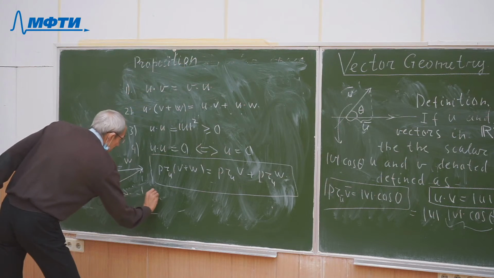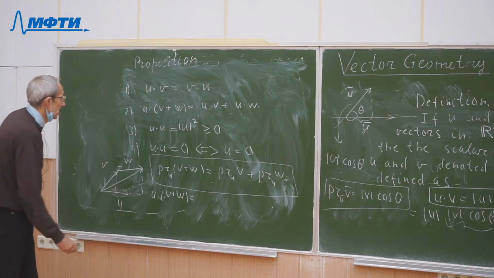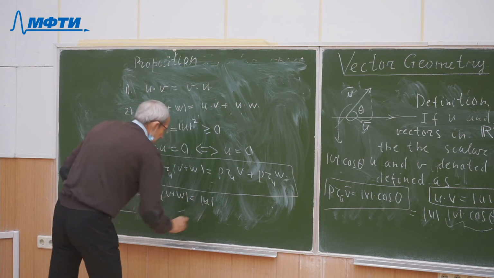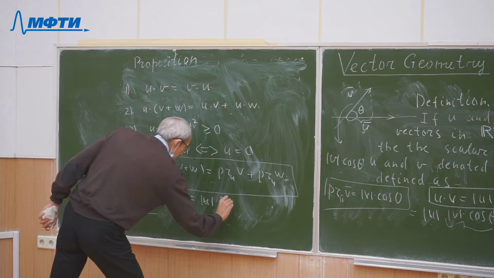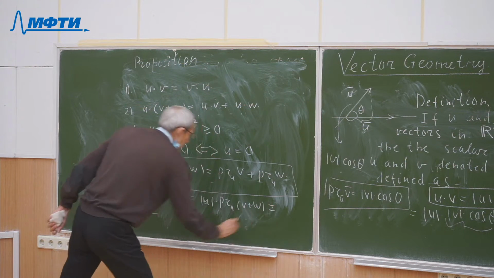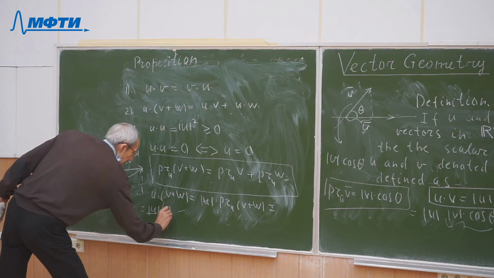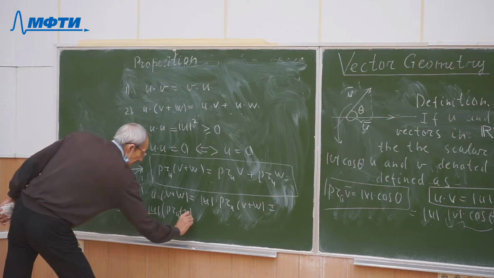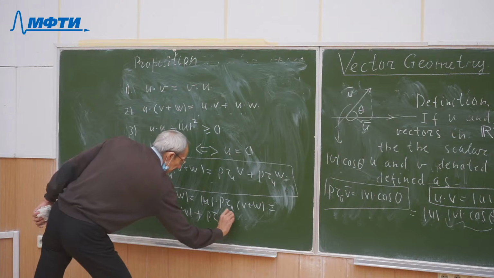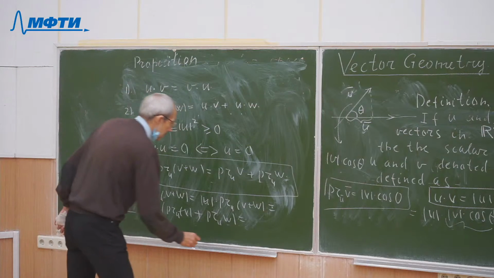Actually, the product of u with v plus w is equal to the product of the length of vector u and the projection of v plus w, which is equal to the length of u times the projection of v plus the projection of w.